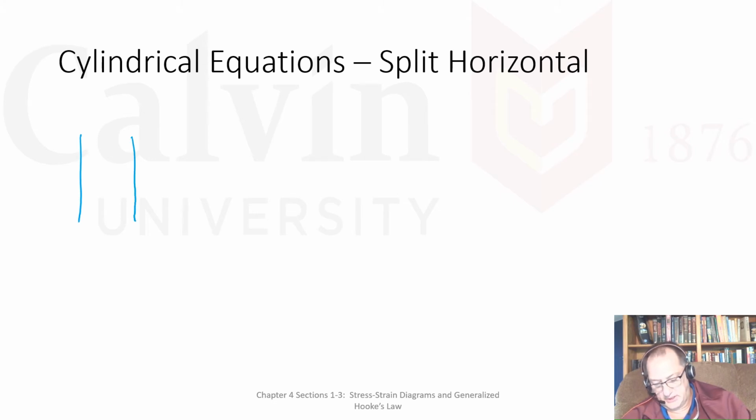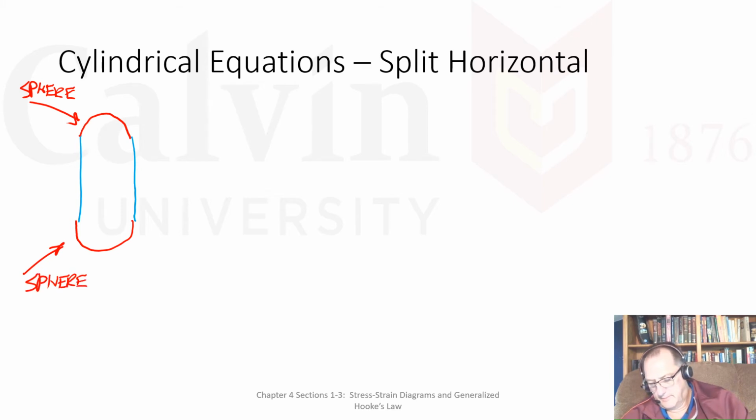There's my cylinder, and I'm going to cap that at the top and bottom with a sphere. So that's a sphere, and that's a sphere, and this is a cylinder.